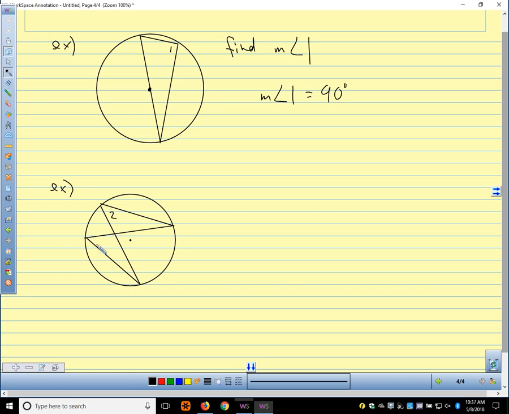Call that 2. 43 degrees. That arc is 128 degrees. And I'll call this C, B, A, and D. And we want to find the measure of angle 2.